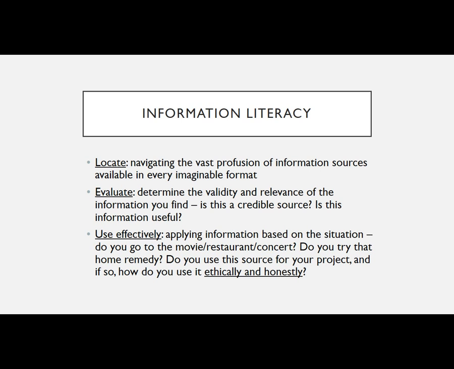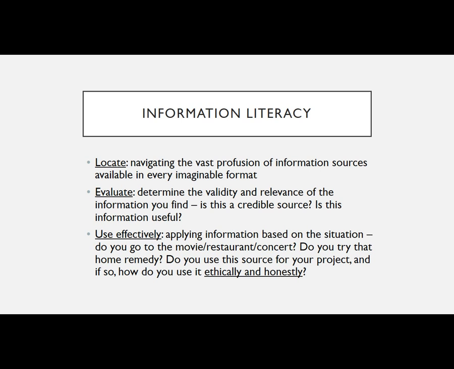So whether it's a recipe for an apple pie or, all the way through, what the most recent findings are about nanotechnology and its use in chemotherapies for cancer patients, whatever your information need might be, whatever the situation is, you should then be able to locate the correct information, the needed information, by navigating the vast profusion of information sources that are available in every imaginable format. This entails understanding what kind of information is needed for whatever the particular situation is.